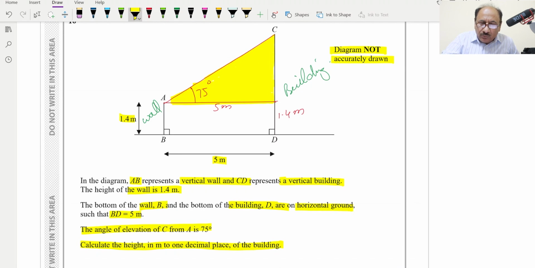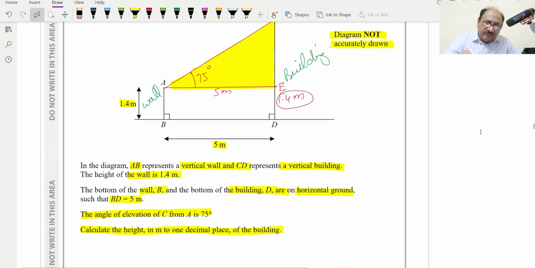So we will calculate this side basically of the building. From C to, we can take this point as E. So CE we will calculate, and we will add 1.4 meter in that value, and we will get complete height of the building.